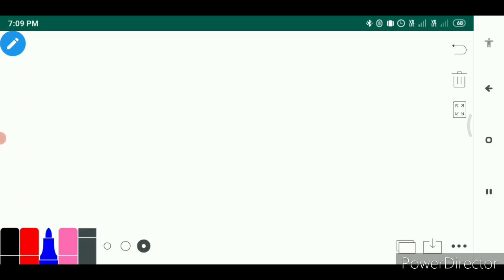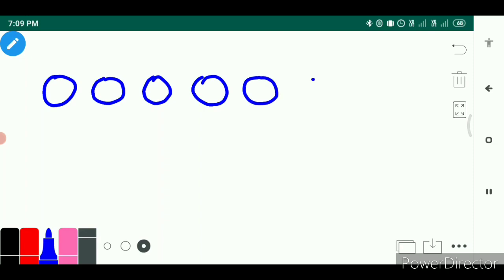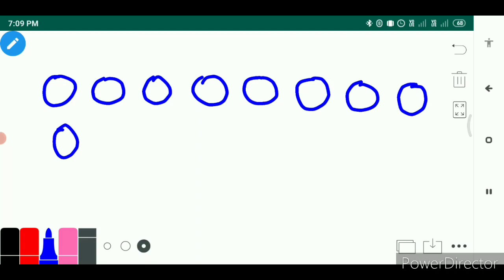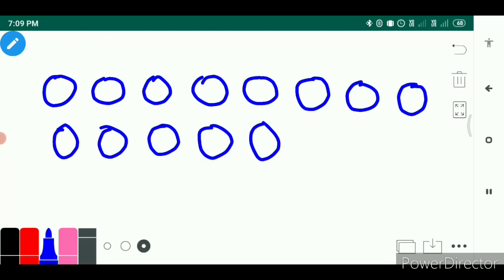This one is the first ball, second, third, fourth, fifth, sixth, 7, 8, 9, 10, 11, 12, 13, 14 and 15.